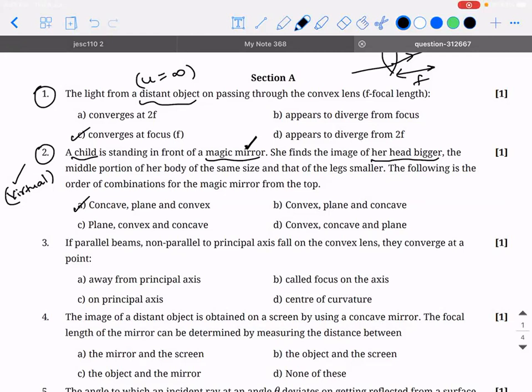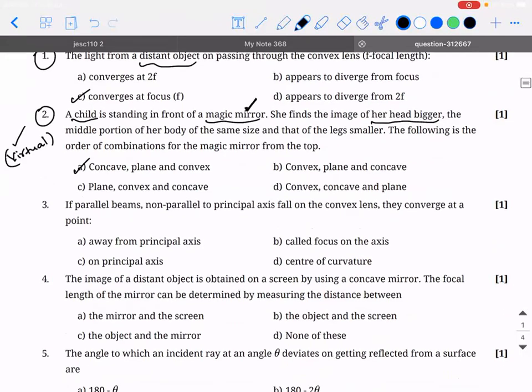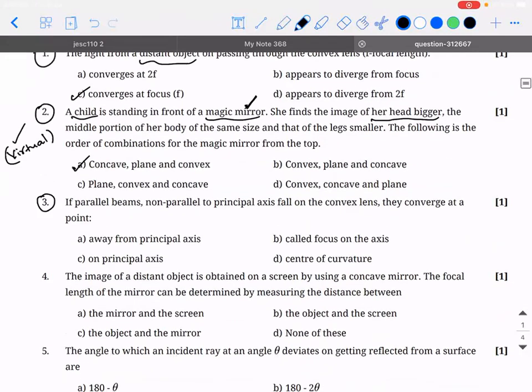And the third one is convex, because a convex mirror forms virtual images of diminished size. Okay. So the answer is concave, plane, and convex. Next. If parallel beams non-parallel to the principal axis fall on the convex lens, they converge at what point?